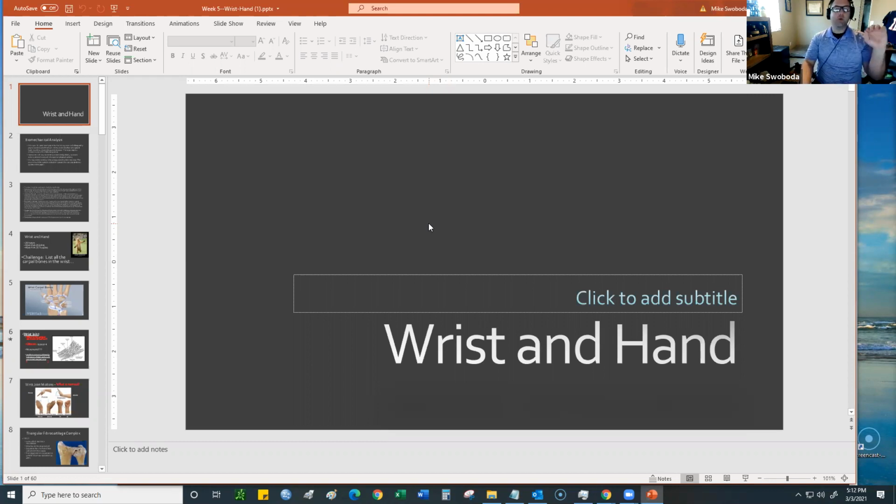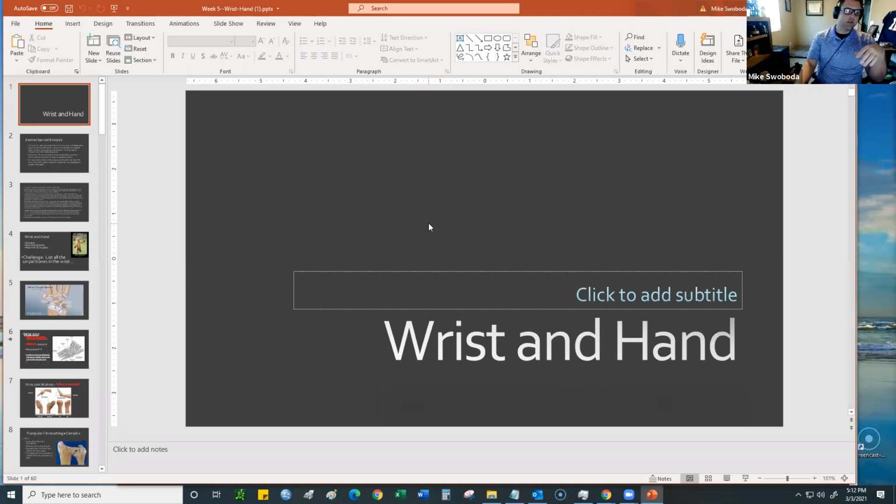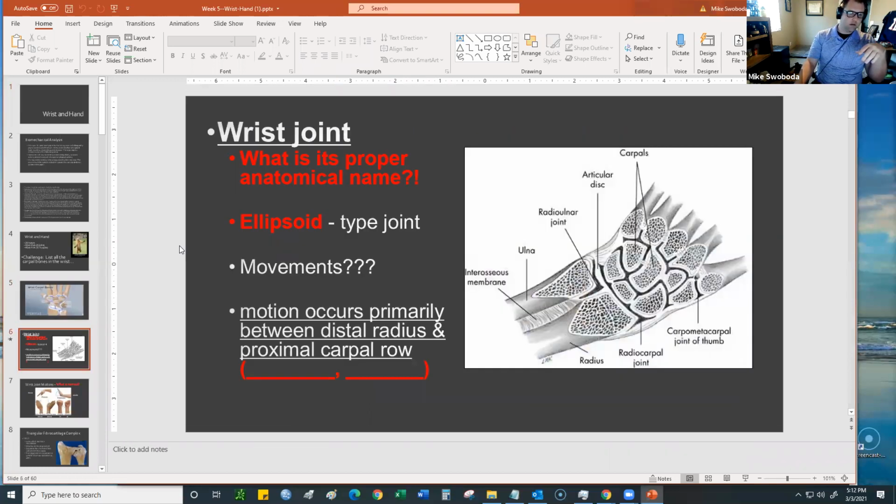A hinge would only give me essentially sagittal plane movement. Yeah, so Alyssa, your wrist joint or your radiocarpal joint is going to be an ellipsoid joint. Ellipsoid is because we have 2 degrees of freedom here, and we can make essentially a circular motion with it.